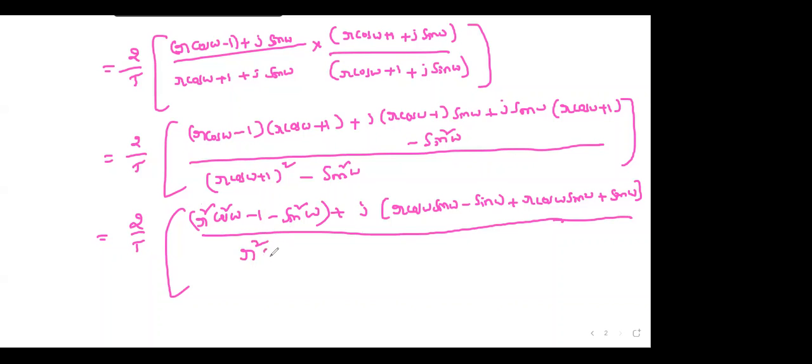So a square plus b square plus 2ab: r square cos square omega plus 2r cos omega plus 1 plus sin square omega.